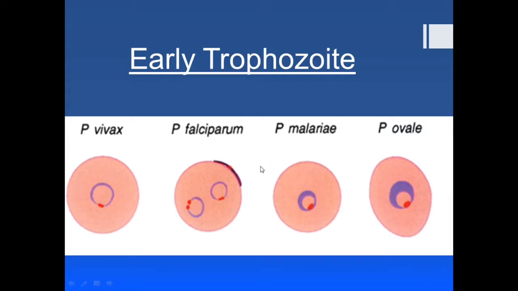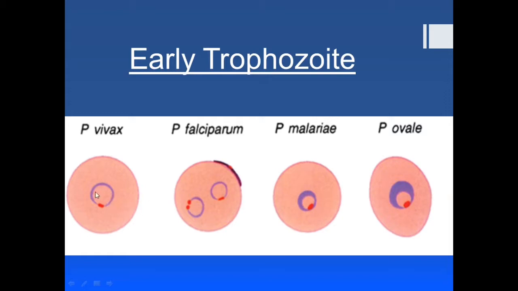Now how will you differentiate which of these four parasites that we have studied, Vivax, falciparum, malariae or ovale, is causing the malaria? Inside the RBCs, in Vivax, malariae and ovale, you will see a thick ring and a nucleus.